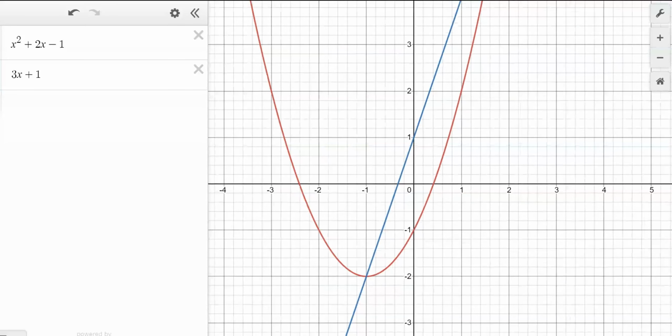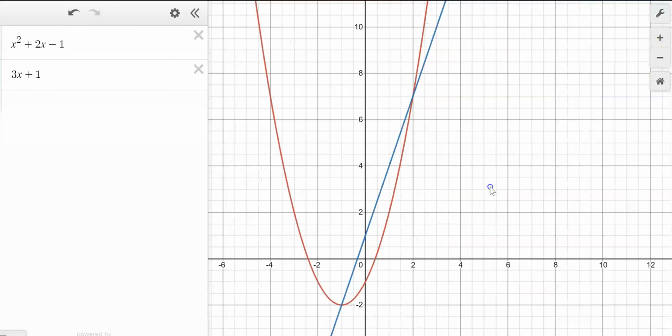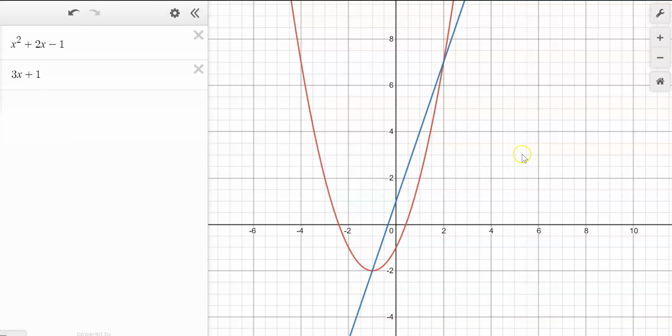Let me zoom out so I can see, yep, I'm definitely going to have 2 points where these two graphs hit each other. If I just click on it, it'll tell me what the points are. Here I can see that 2, 7 is one of the intersection points. And if I slide down here, here is your -1, -2.